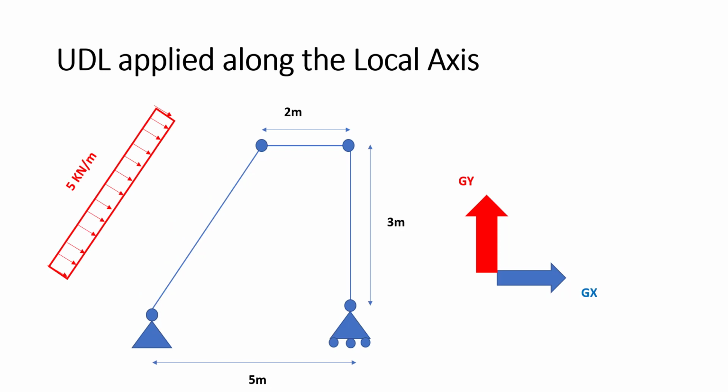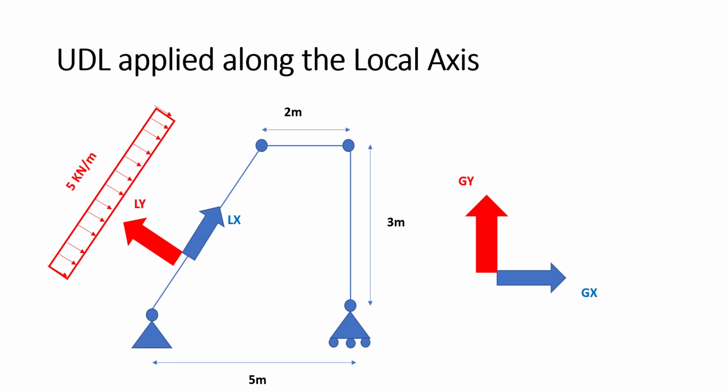If we see the local axis system of this inclined member, which is the default beta 0 orientation of the member, we can see that we can define the uniformly distributed load along the local y-axis.